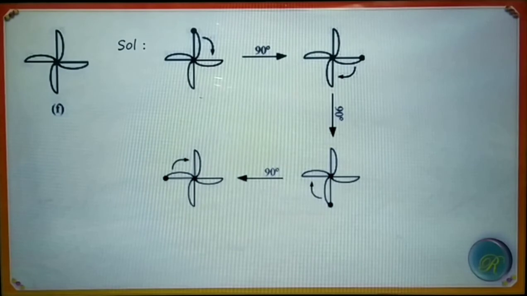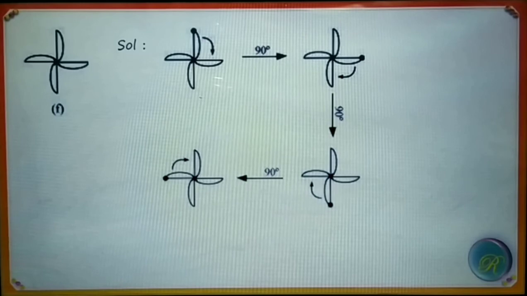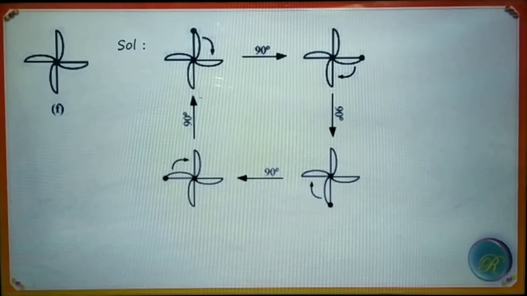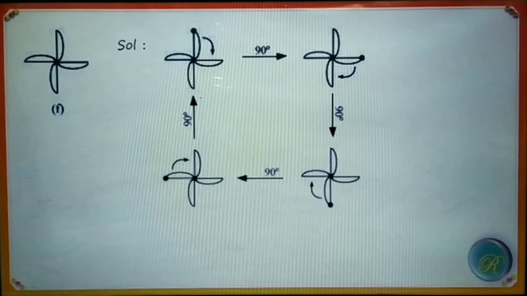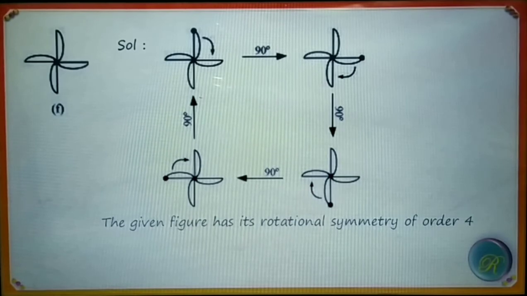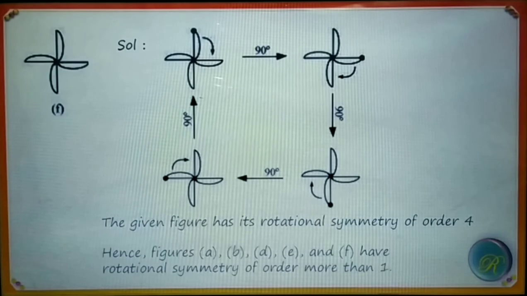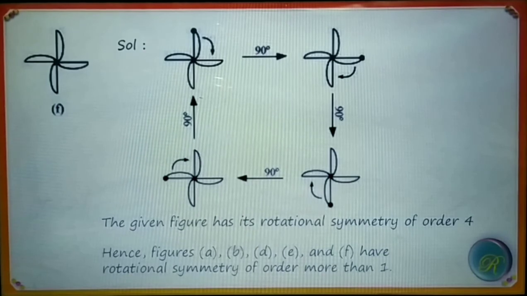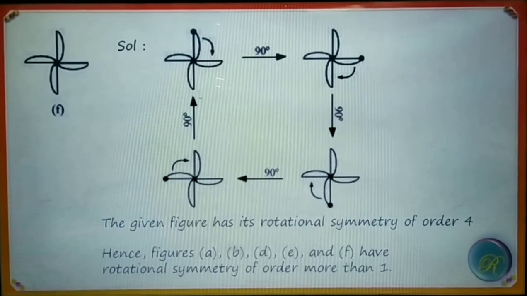Once again, when you rotate this figure about 90 degrees in a clockwise direction, then we will get its original position. Therefore, the given figure has its rotational symmetry of order 4. Hence, figures A, B, D, E and F have rotational symmetry of order more than 1.